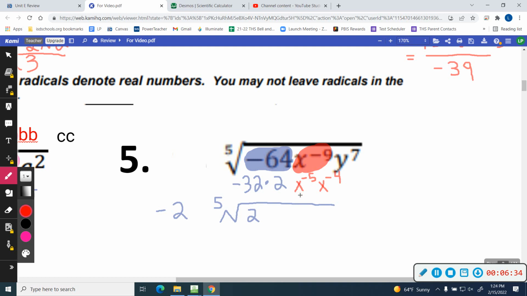So if we have negative 5 and we have negative 4, negative 5 divided by 5 would be negative 1. And negative 4 doesn't go into 5, so I'll leave that as x to the negative 4.